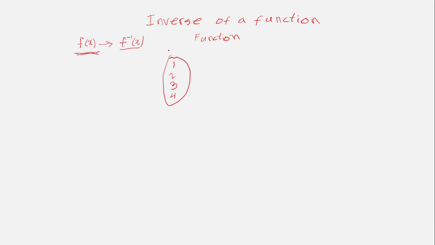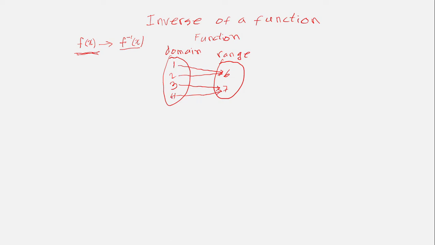So this is the domain. And then we have another one of these, also doesn't look too good. Let's say this is just 6 and 7. So this is the range. And let's say they connect like this. 1 and 2 go to 6, and 3 and 4 go to 7.